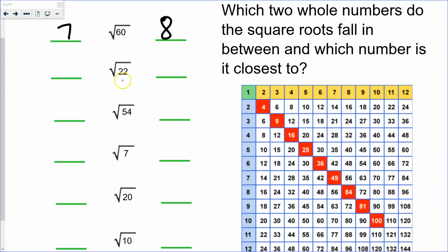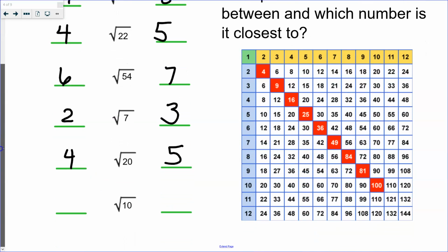Square root of 22 falls between 16 and 25, and I'm pulling these whole numbers. So 4 and 5. 54 is in between 6 and 7. 7 is between 2 and 3. Square root 20 is between 4 and 5. So I would just be taking these numbers and putting in those decimals to find the exact amount, but this is just a practice to find these numbers.